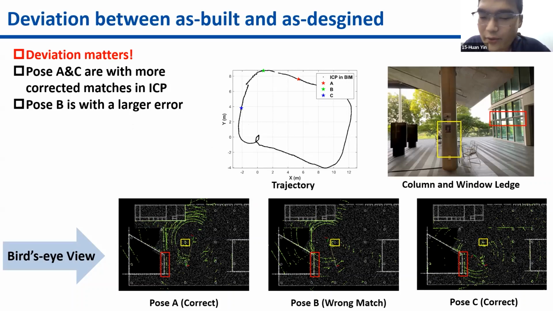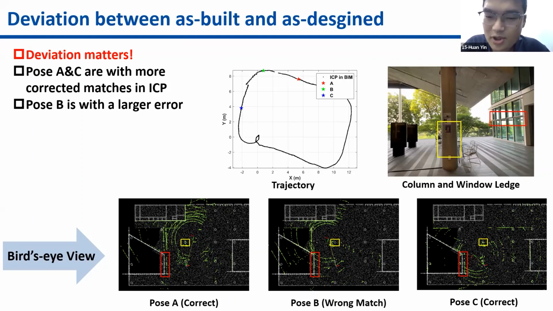And here we present a case: at pose A and pose C, it has small errors, because most of the data associations are correct. But at pose B, it has a larger error, because of the window latch, which is in the red box. There is a deviation between the as-designed BIM and the as-built building.